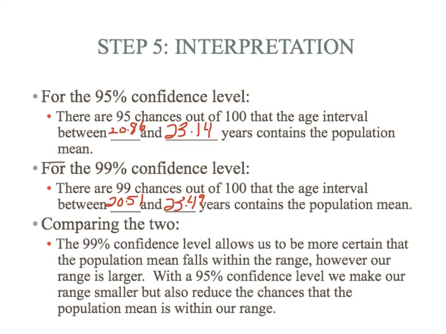Now in this case, because we had a very small standard error, there's not a lot of difference between these two. We're talking about 20.51 as compared to 20.86. That's not a whole lot of variation, and that's because we have a small standard error. And so with the 95% confidence level, we're less confident, but it's a smaller range. And so there's a trade-off there.